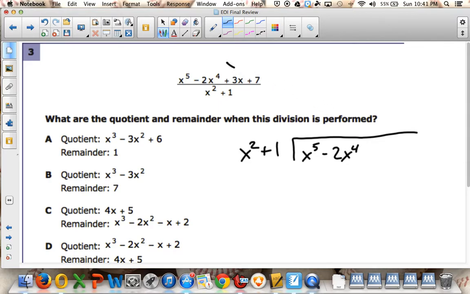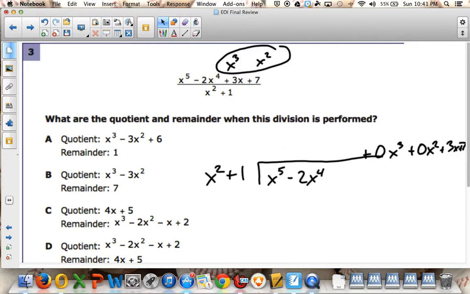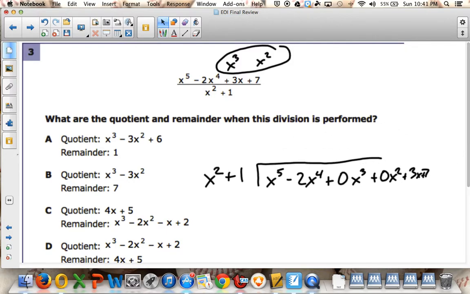Since I don't have an x cubed or an x squared, I have to have placeholders for them. And since I can't add any values to it, I have to put 0x cubed and 0x squared. Then 3x plus 7. Running out of room here, so I'm going to slide over just a little bit. Okay. So I have to have placeholders there.